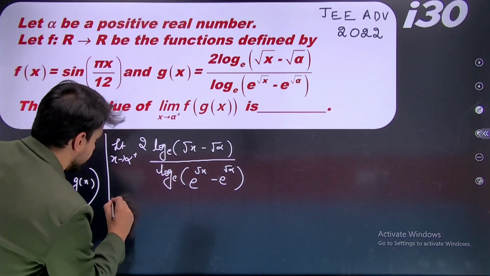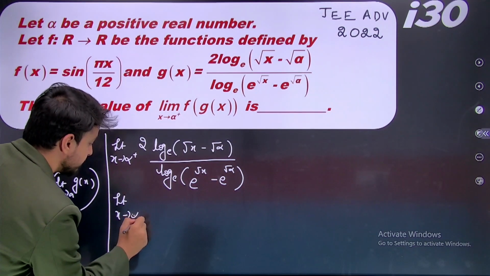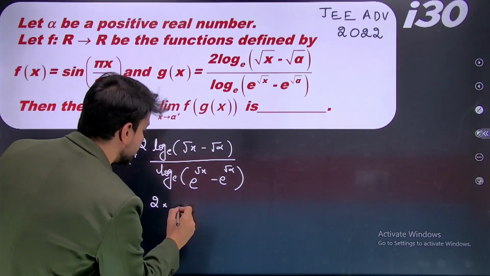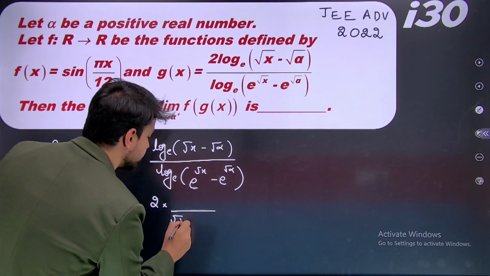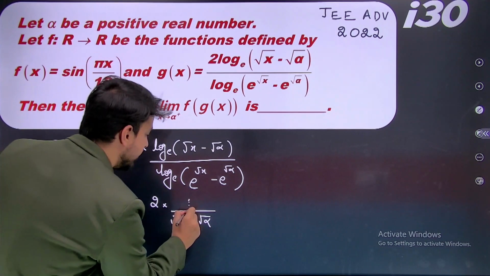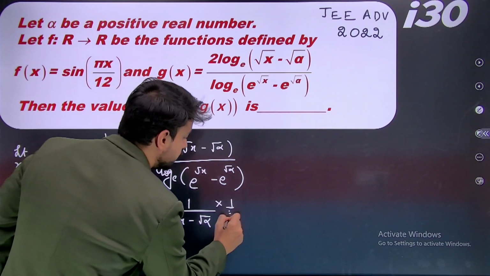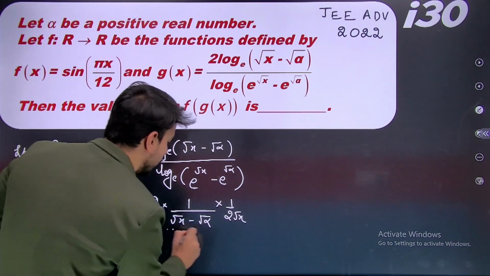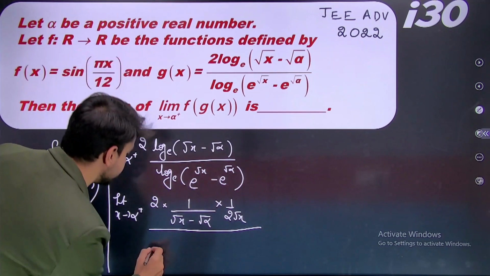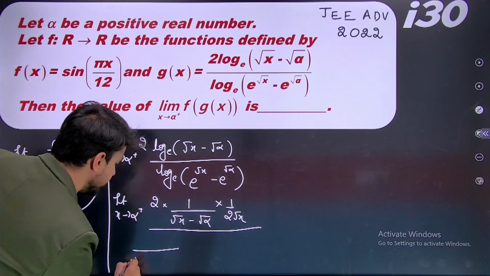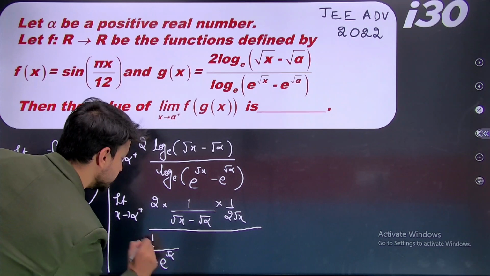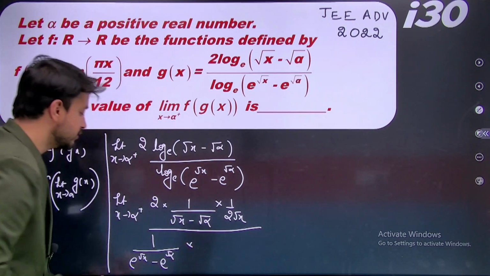So let's differentiate. We will have 2 into log of something, and the differentiation is 1 upon something. There will be 1 upon (root x minus root alpha), and then again you will differentiate this root x, which is 1 upon 2 root x, and the whole is divided by the differentiation of log of this thing. Log of something differentiates to 1 upon something. This will be 1 upon (e^root x minus e^root alpha), and then again I differentiate this something.